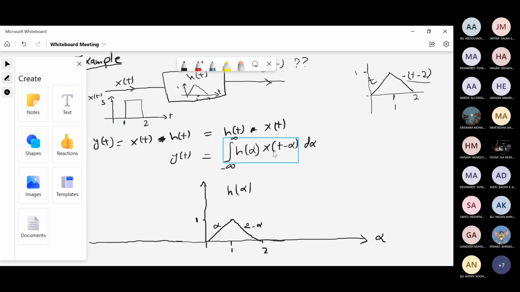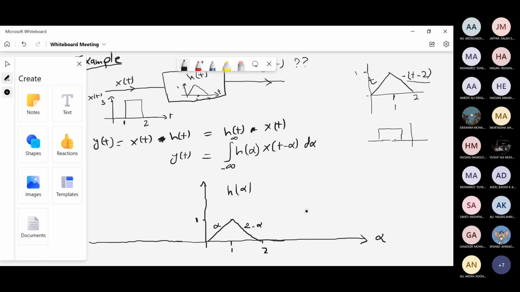While x is x of t minus alpha, which means that you change the variable from t to alpha first, then flip it, then shift it. Notice what happens above for x of t. So flip it. So it is from 1 to 2, then it becomes here.